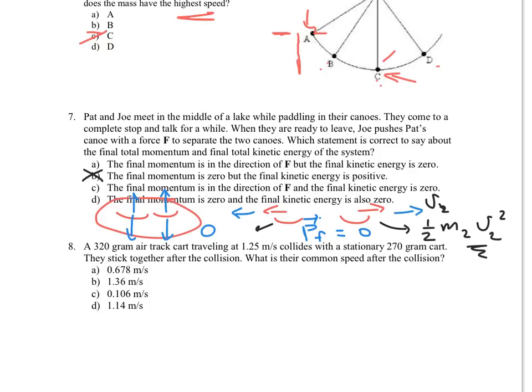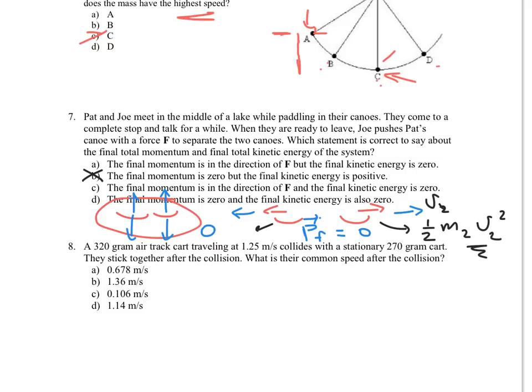All right, last multiple choice question. You have a 320-gram air track cart traveling at 1.25 meters per second, which collides with a stationary 270-gram cart. They stick together after the collision. What is their common speed? Now, in collisions, linear momentum would be conserved.